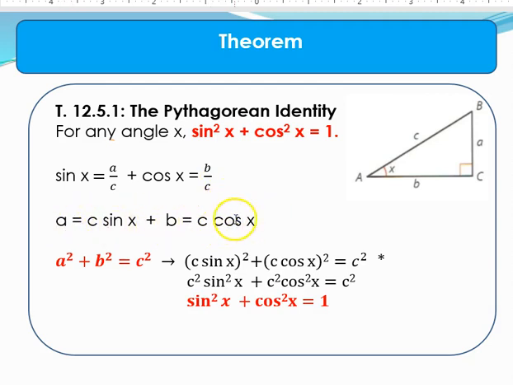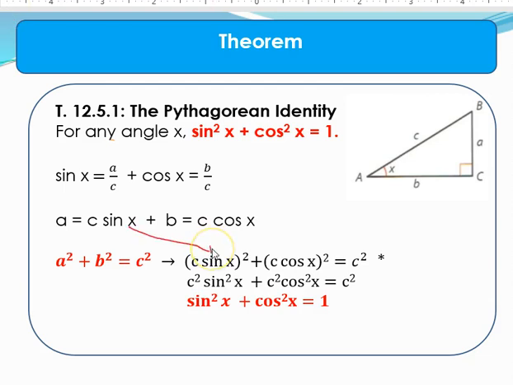What we do with these two equations now is substitute them into the Pythagorean theorem. The Pythagorean theorem is the same as it's always been, a squared plus b squared equals c squared. So a squared will equal, and let me get my pen and make this a little clearer, a equals c sine x.